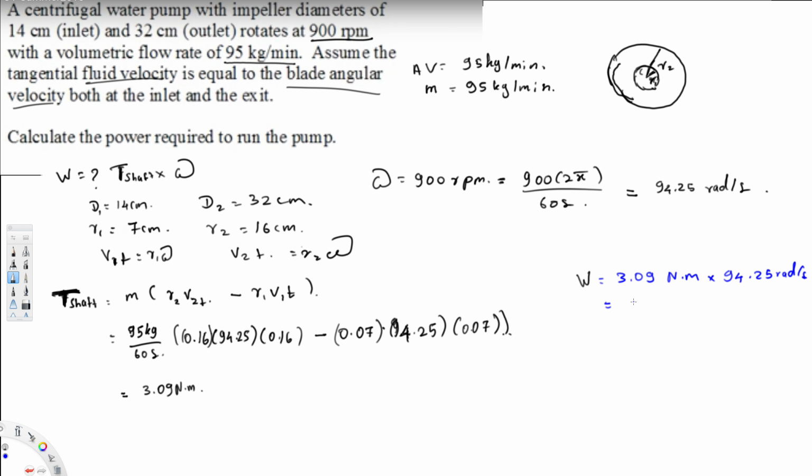That value comes out to be 291.23 watts, and that is the final answer for this question.